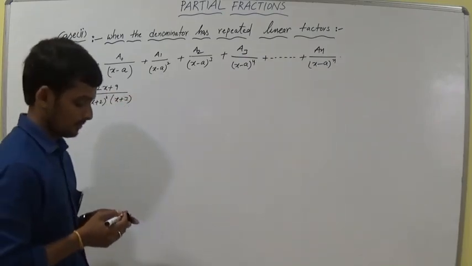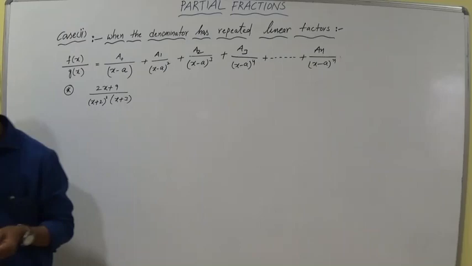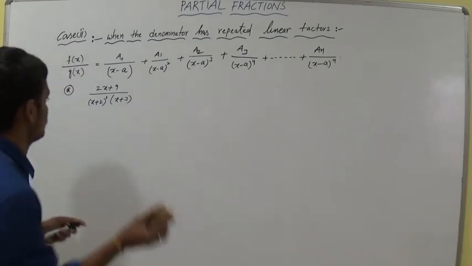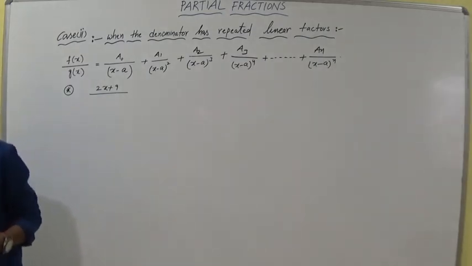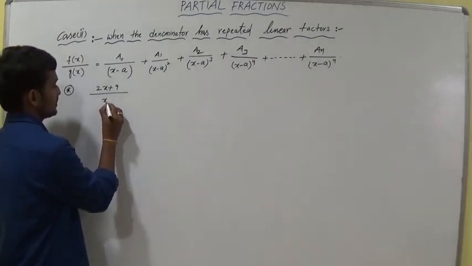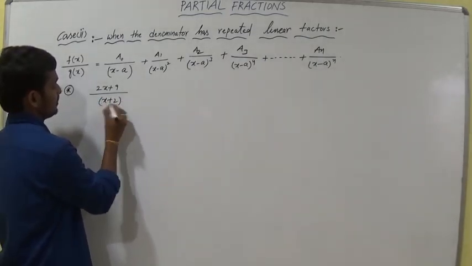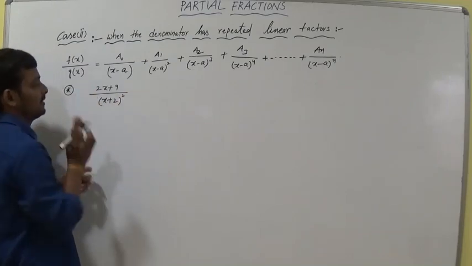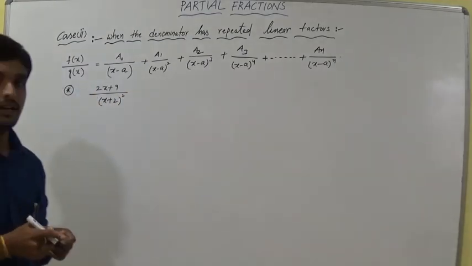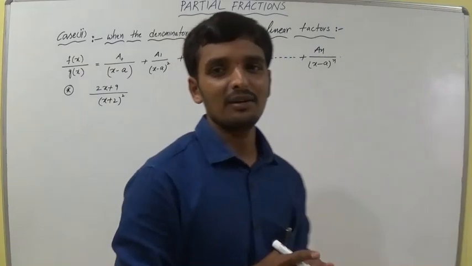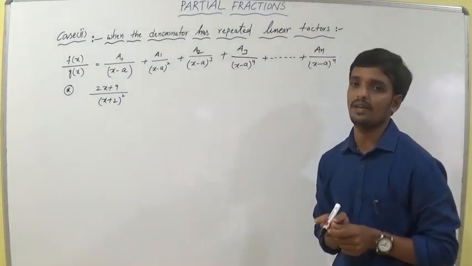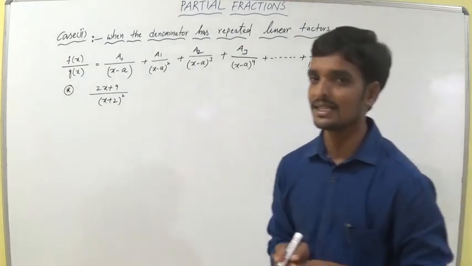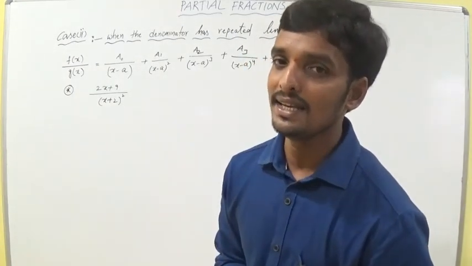Look at the board. For example, this is (x plus 2) whole square. Observe the denominator. The denominator is (x plus 2) whole square, which is a repeated linear factor.